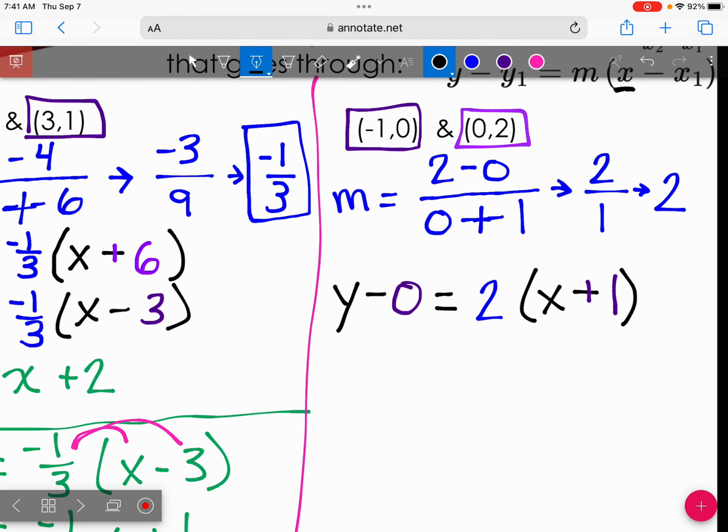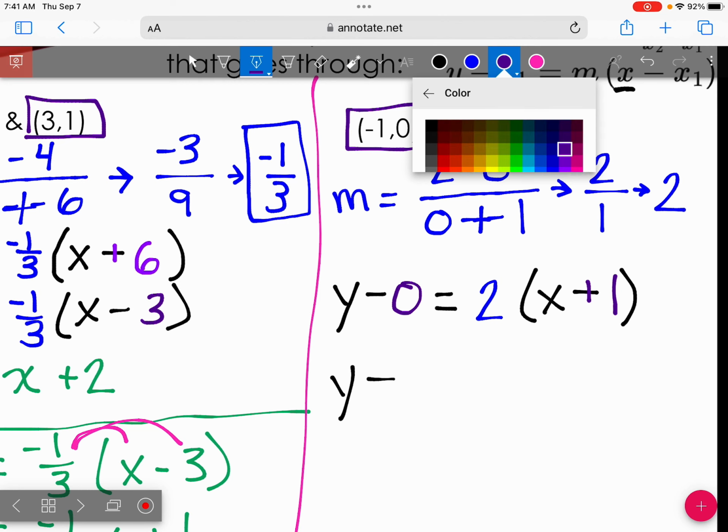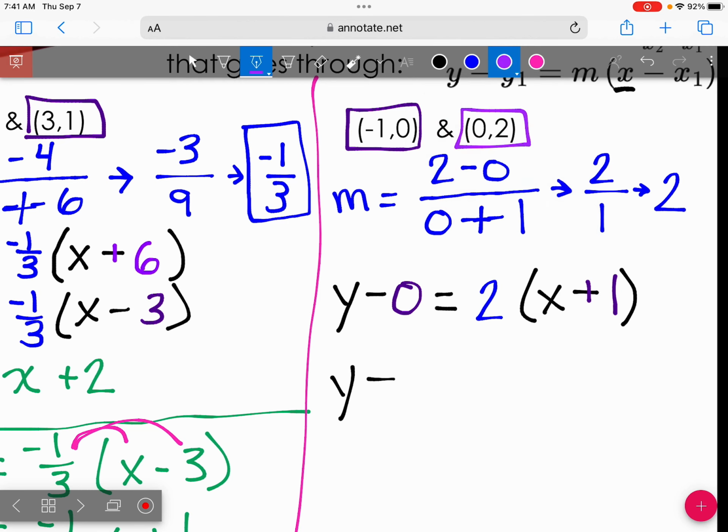Our other point we have here, y minus our y value of our other point is 2, equals our slope of 2 times x minus 0.